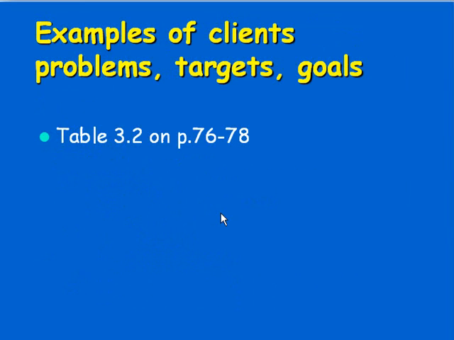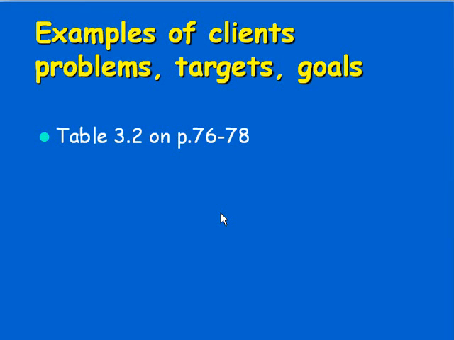And I just want to direct you to Table 3.2 on pages 76 through 78. These give some examples of how clients' goals are operationalized into problems and objectives, and then tied into interventions.